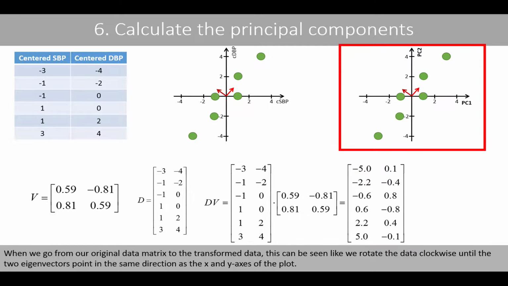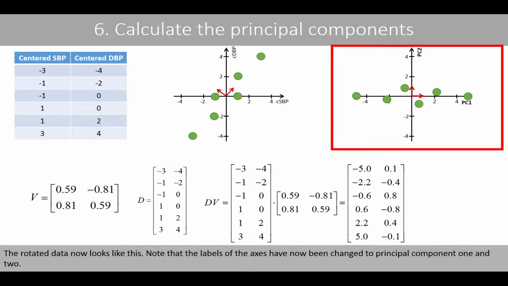When we go from our original data matrix to the transformed data, this can be seen like we rotate the data clockwise until the two eigenvectors point in the same direction as the x and y axis of the plot. The rotated data now looks like this. Note that the labels of the axes have now been changed to principal component 1 and 2.